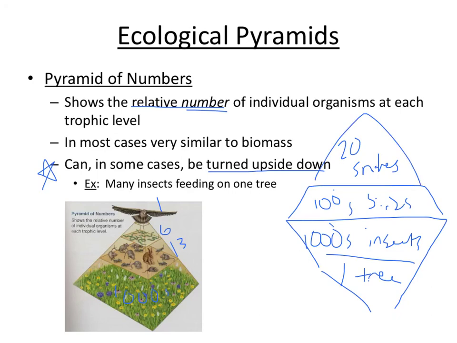So a lot of times a pyramid of numbers will often look like a diamond of numbers, because you can have one really big producer, but because we're just counting numbers, that's just 1, and so we would just put that 1 there.